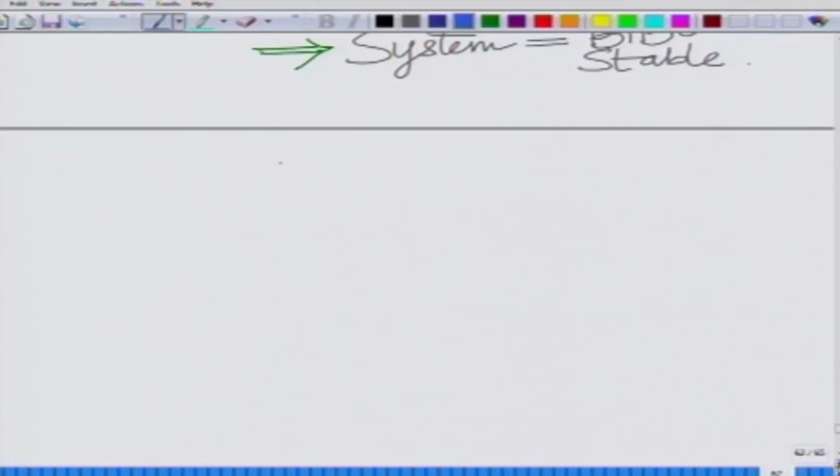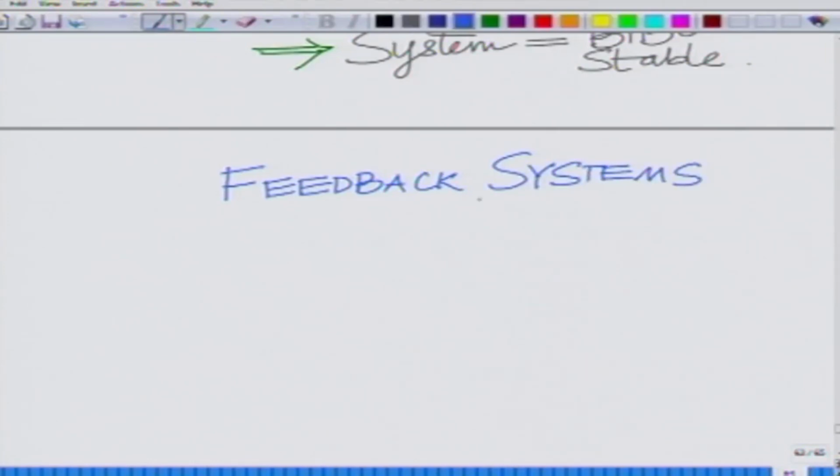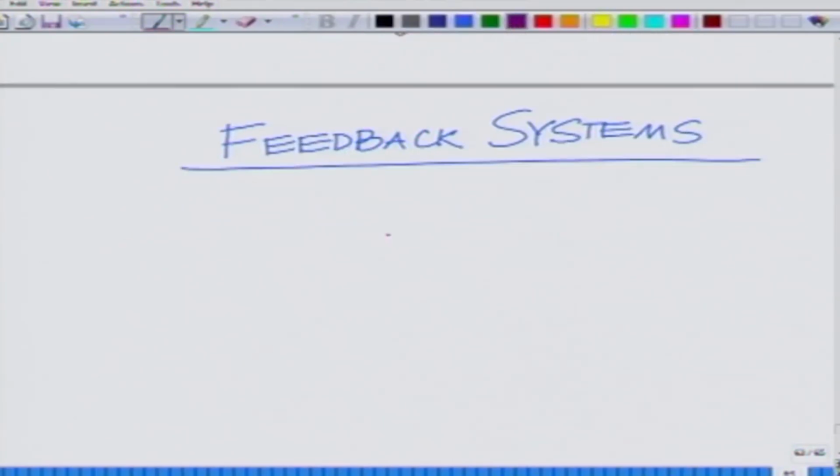Okay, and the last class of systems finally, which are also important, are what are known as feedback systems. And in feedback systems, what we have is an output of the system, and this is also a very important class of systems, especially important from the perspective of stability.